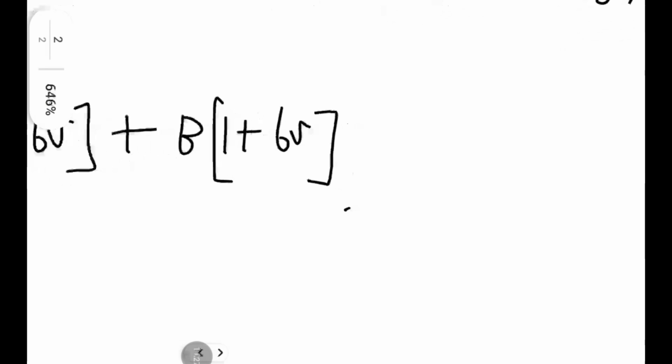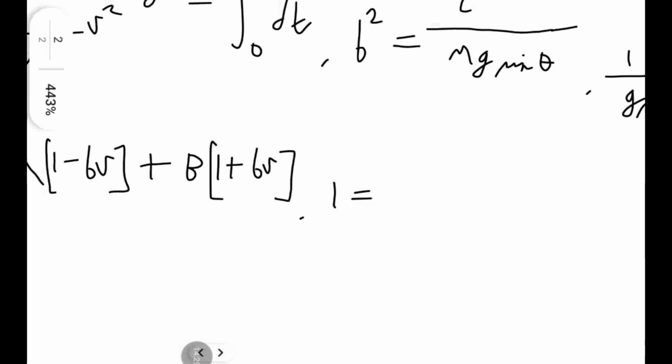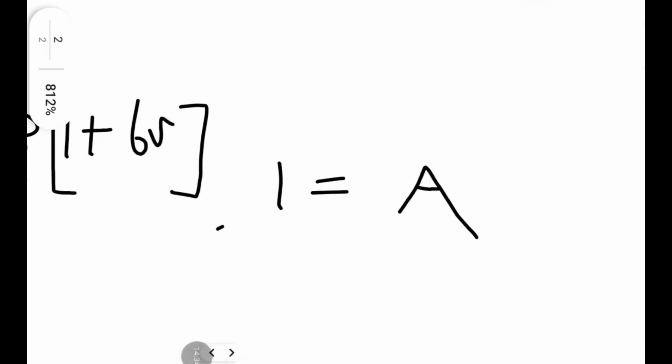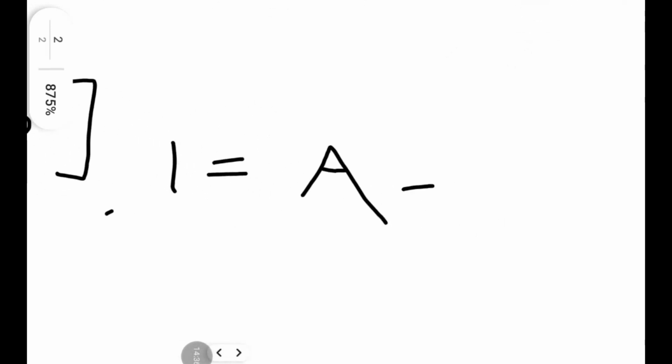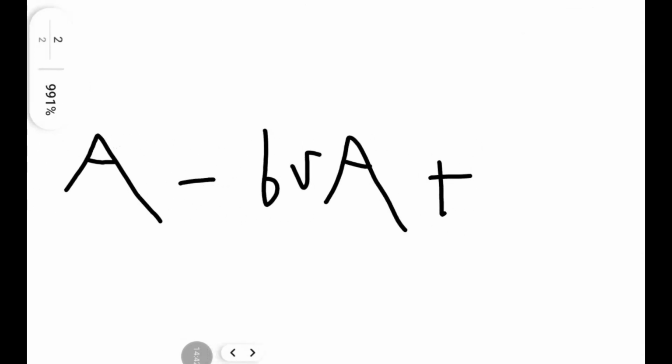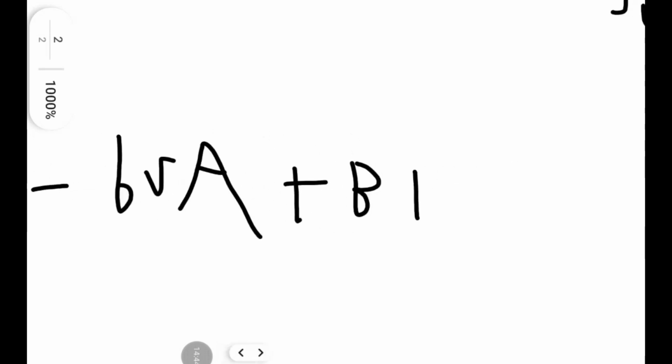Expand it out, you're going to get 1 is equal to A minus bvA plus B plus bvB.